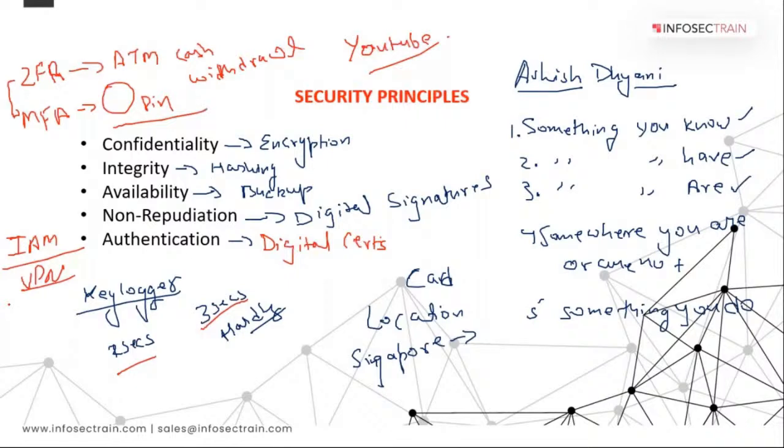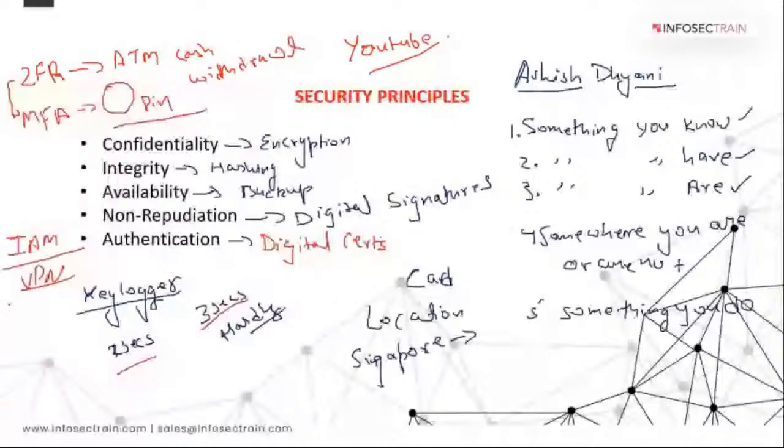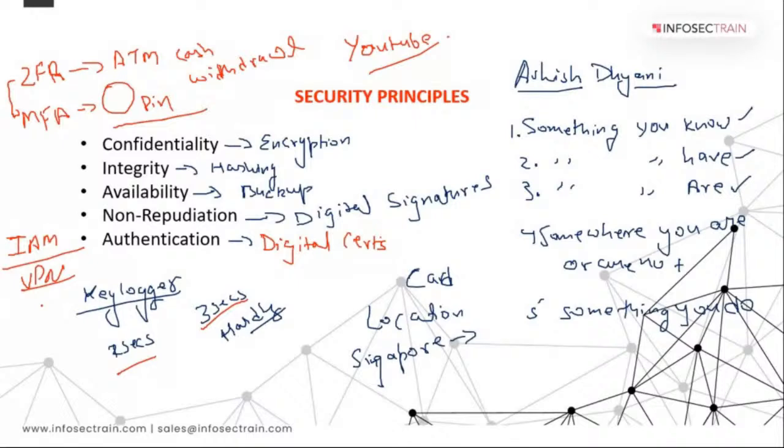So there will be a badge you will be having. Through that badge you will be entering that particular network, right? So these are the examples of authentication, digital certificates and multi-factor authentication.